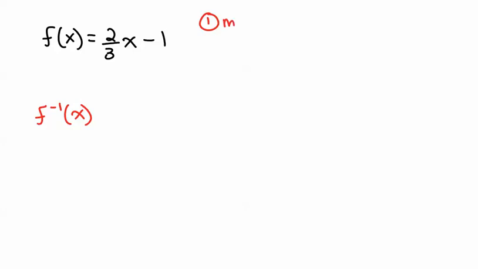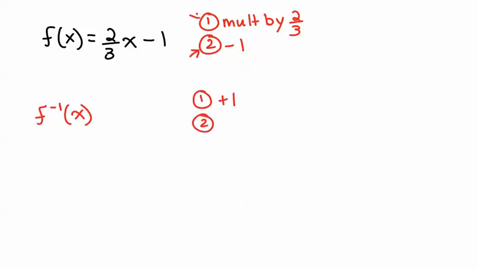The x is getting multiplied by 2/3, and then the second thing, it's getting subtracted by 1. If we want to repeat those steps in the opposite order, we're starting with step 2. So we're adding 1. And then the first step, multiply by 2 over 3, now we have to divide by 2 over 3. So we take our x and we add 1 and then we divide by 2/3.